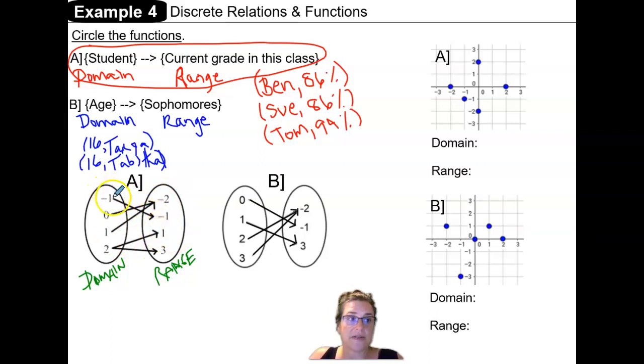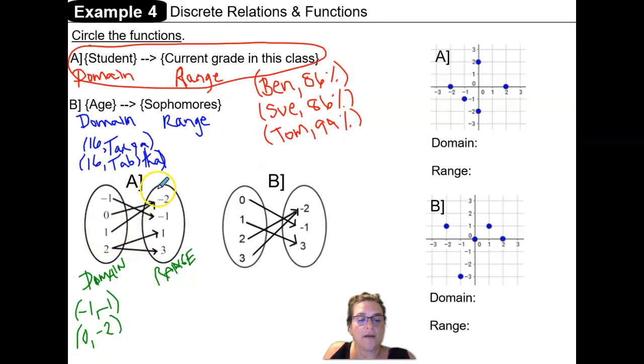So for example, since there's an arrow between -1 and -1, that would represent the ordered pair -1, -1. And then from 0 in the domain, that's mapping to -2 in the range. So the ordered pair 0, -2 would be in this relation. 1 also maps to -2.